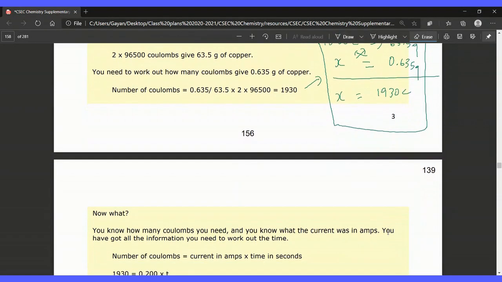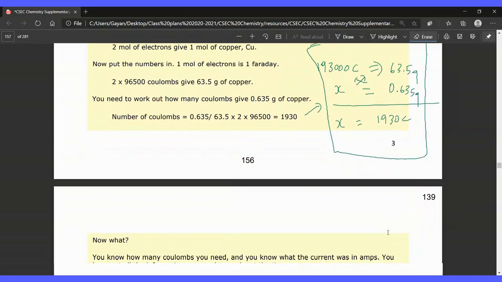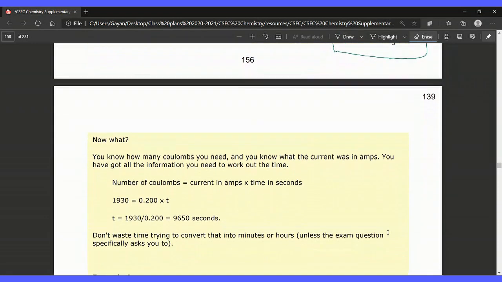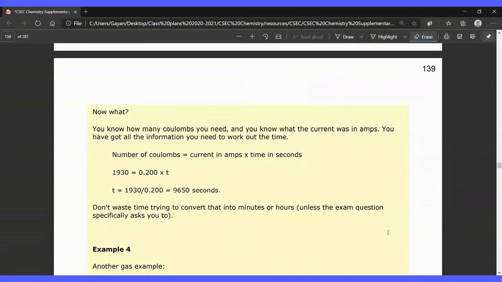If you did your calculations and you see how many coulombs you need, then look at how you find the time now. You now know how many coulombs you need, and you know what the current was in amps.